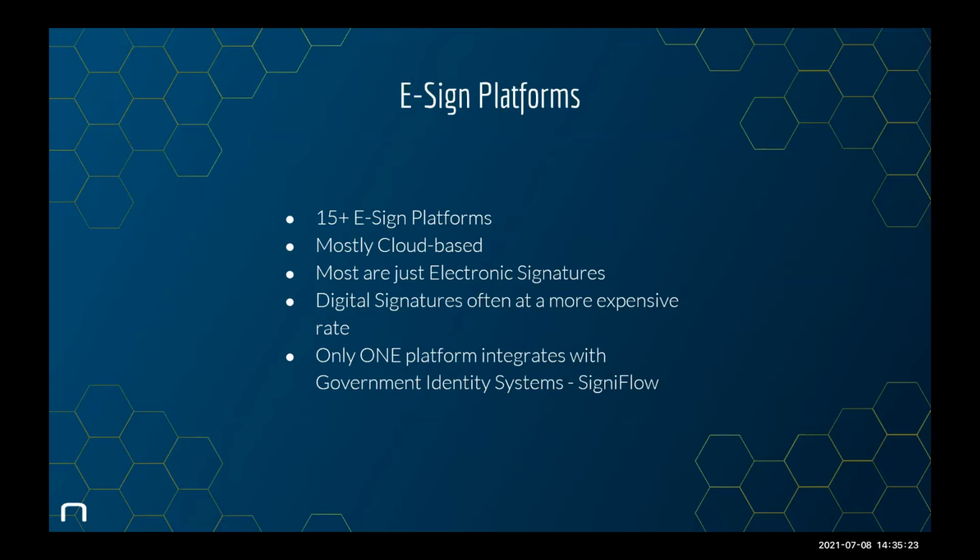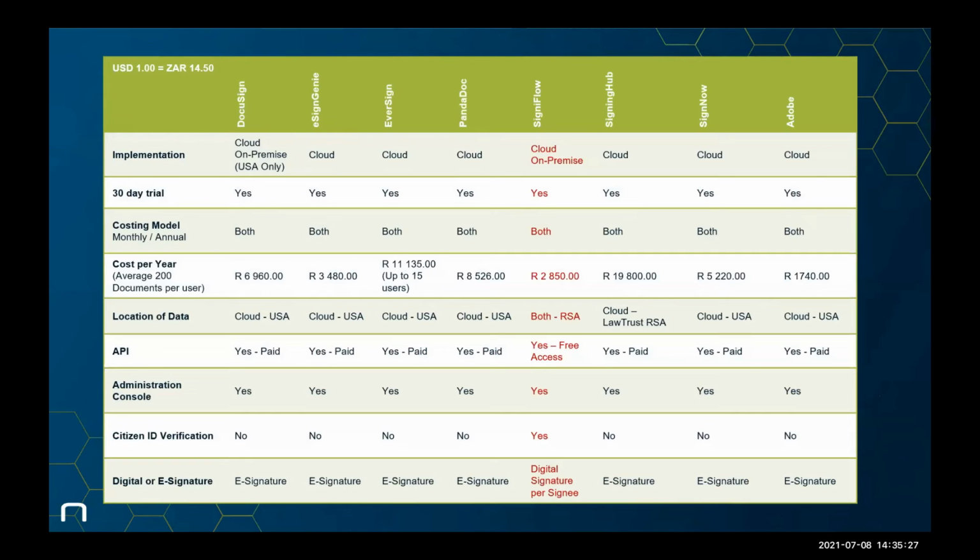within this country. We did a bit of a comparison. We took the top few that we actually looked at: DocuSign, eSign Genie, Eversign, PandaDoc, Sunnyflow, Signing Hub, SignNow, and Adobe. And we looked at the different pricing.